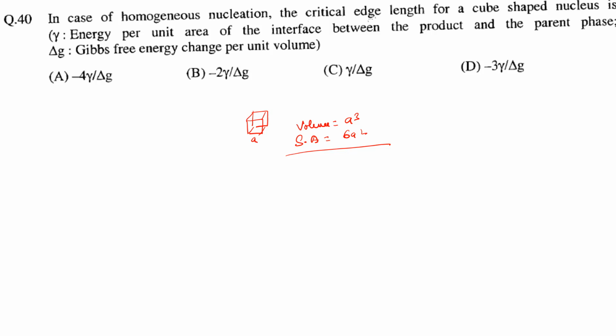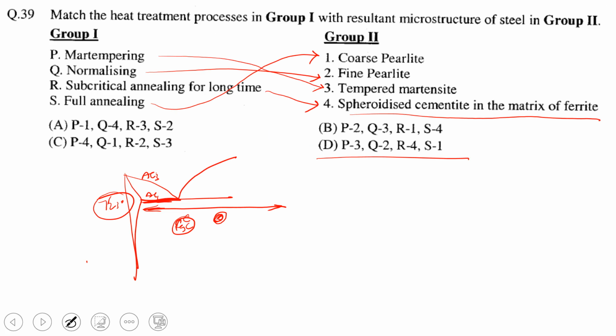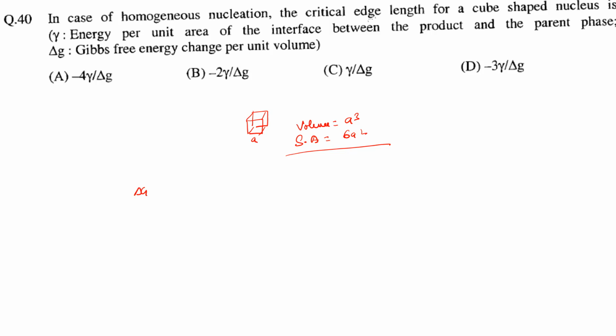Why have we written this? Because we know the formula to find the complete delta G, that is equal to gamma S into area of surface, plus delta G per unit volume into the volume. So it will be gamma S into 6a square plus delta G into a cube, right?